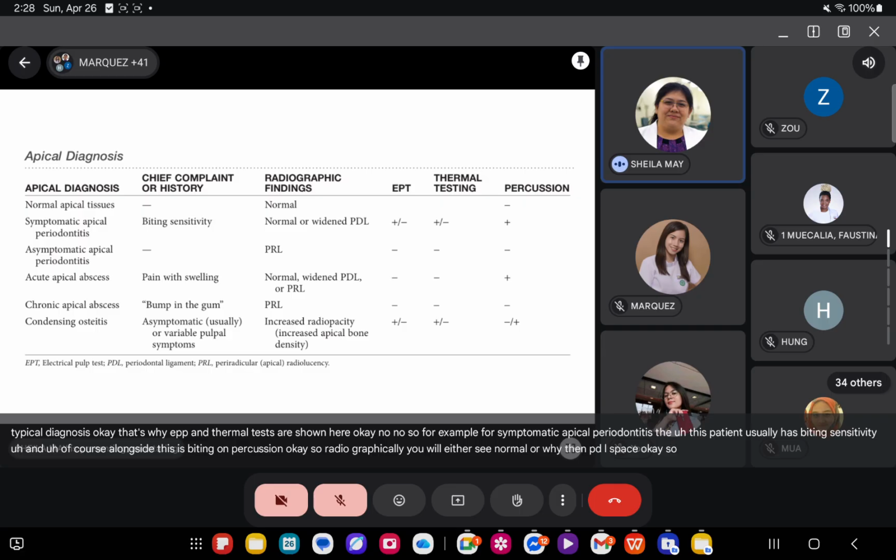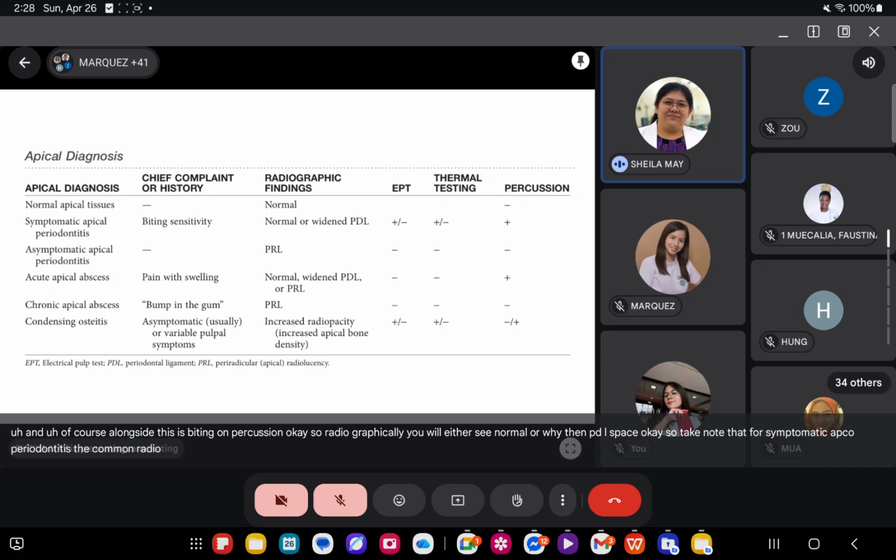So take note, for symptomatic apical periodontitis, the common radiographic finding is a normal or widened PDL space. Now, EPT and thermal testing, positive or negative, this means that this apical diagnosis can come in combination with a vital or non-vital pulpal diagnosis.